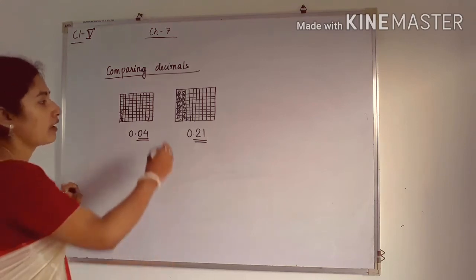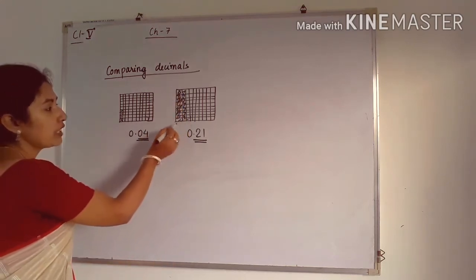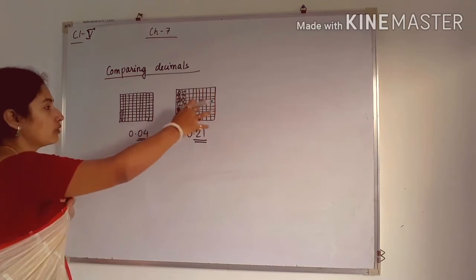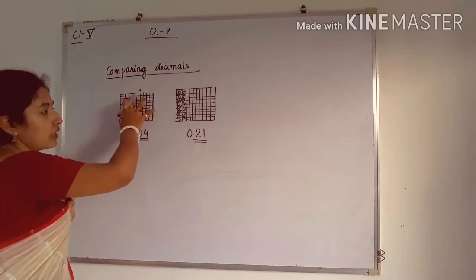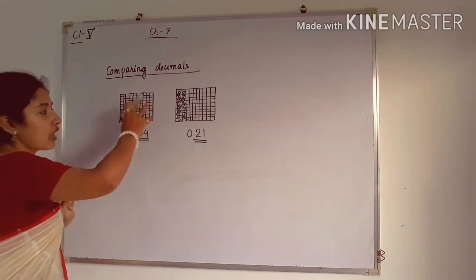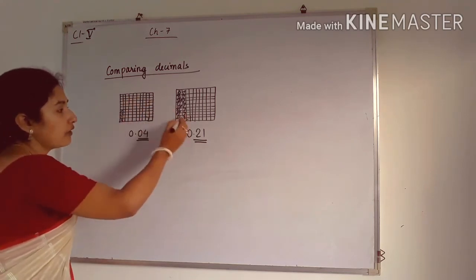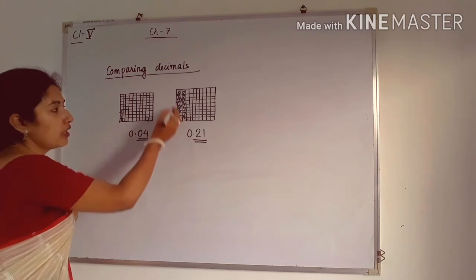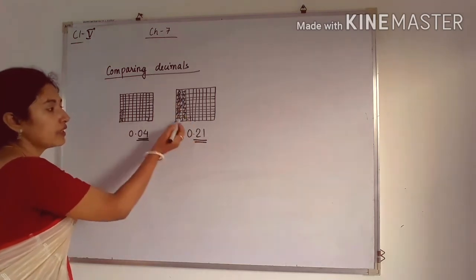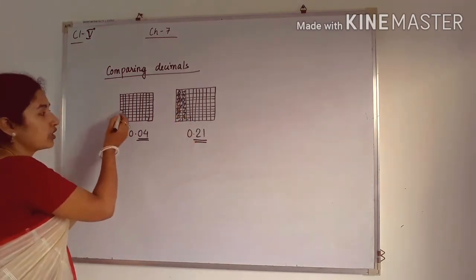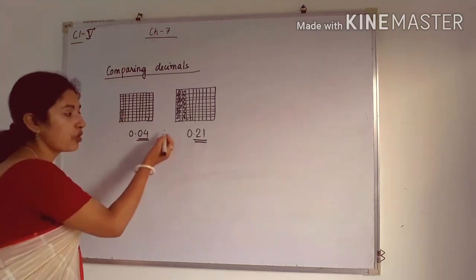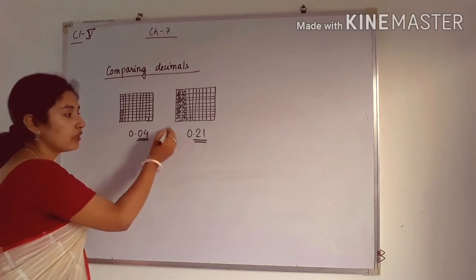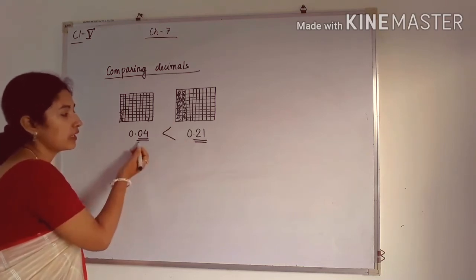Here I have shaded a total of 21 parts. This is also divided into 100 equal parts, and this is also divided into 100 equal parts. Okay, they are hundredths. So how many hundredths have I shaded here? Yes, a total of 21 hundredths. But here I have shaded only 4 parts. So which is greater? Yes, 0.21 will be greater than this one.